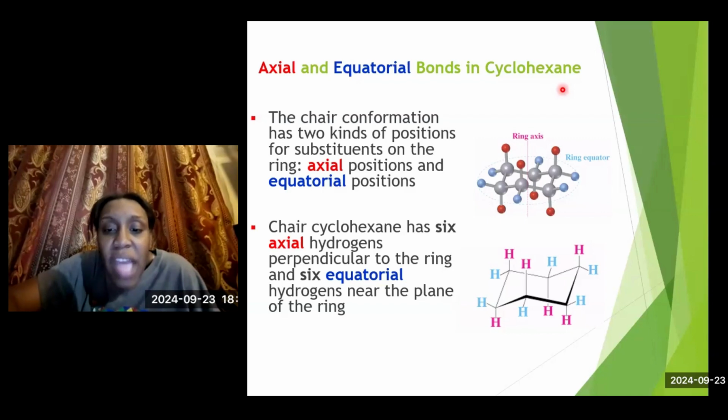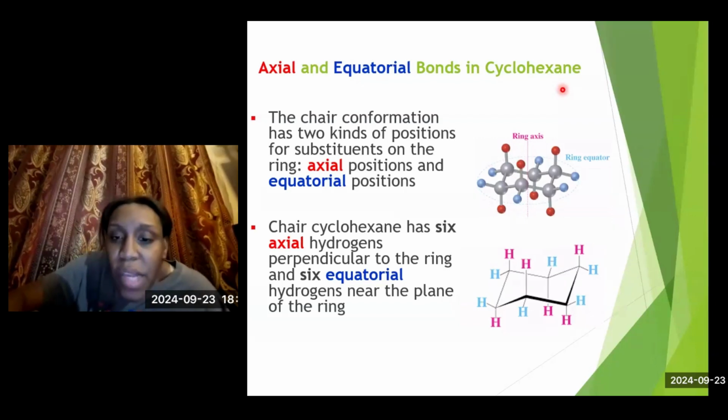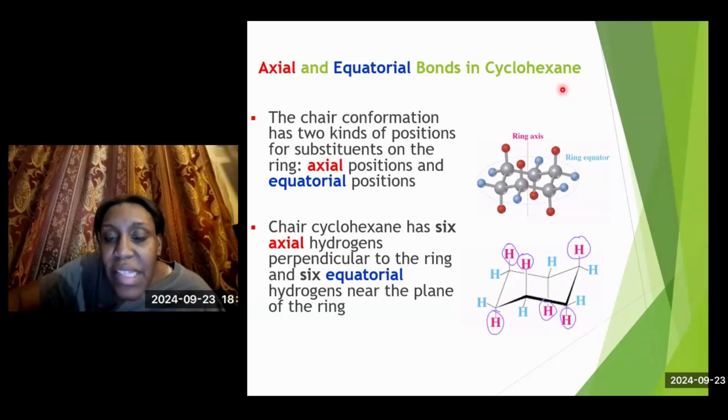And so let's look at when we're drawing the chair conformation that we see at the bottom here. Notice that your axial hydrogens, and I'm circling them right now, these are your red ones here. You're going to have 6 of those.